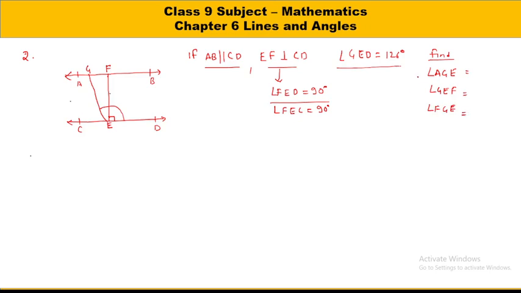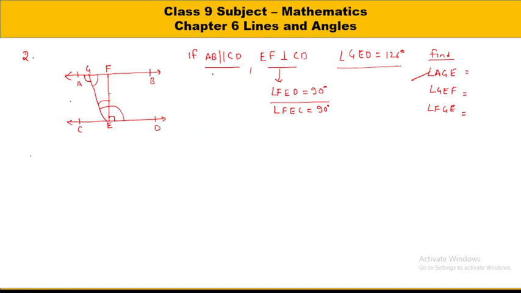Let us see where they are. AGE, this is your angle AGE. GEF, this is your angle GEF. Then FGE, this is your angle FGE. So these angles we need to find. Let us see here.